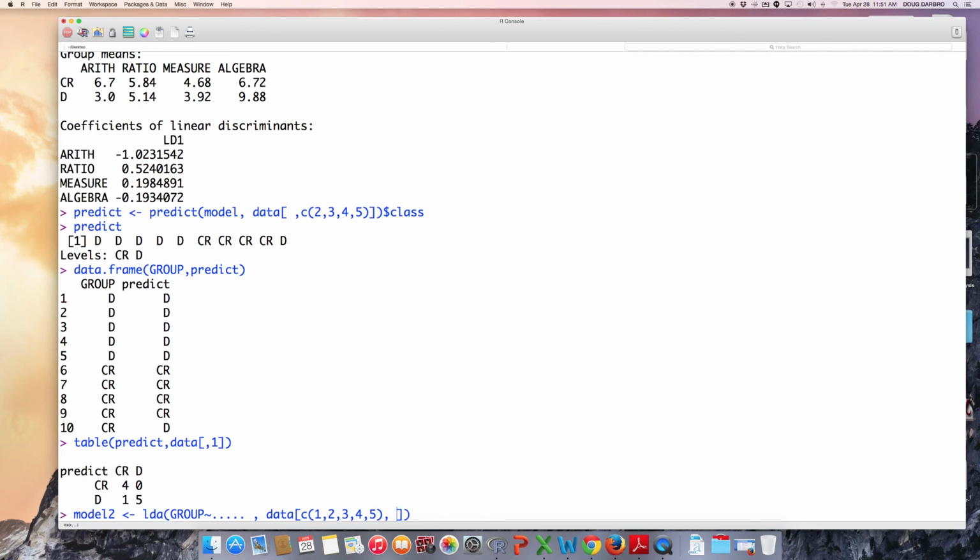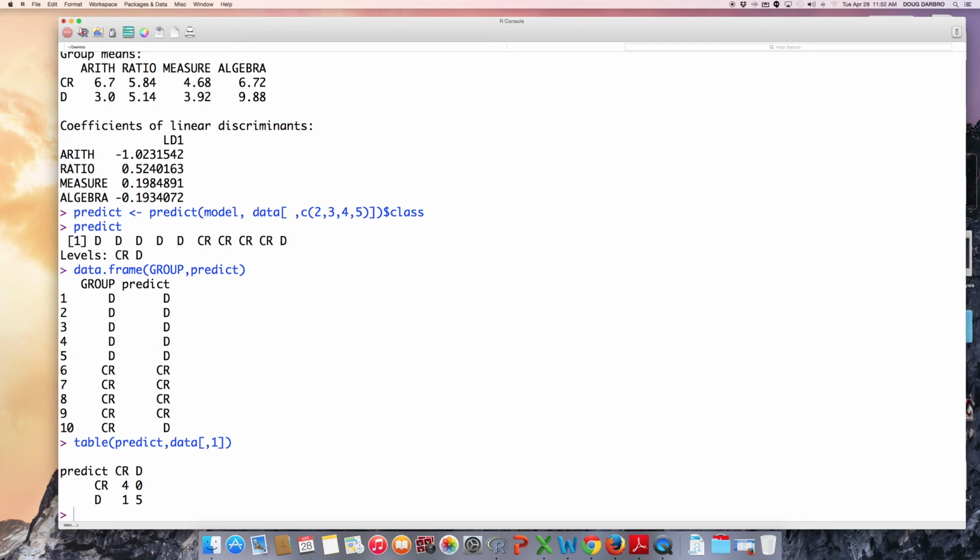So I would only create a model based on maybe the first 5 subjects. Obviously I'd get a horrible model, because all the first 5 subjects were in group D. So I'd want to come up with some way to get a random sample, and that would be really easy to do. There are ways you can do that in R. Then I would get my classification by putting the other half of the data in the model and seeing the classification.